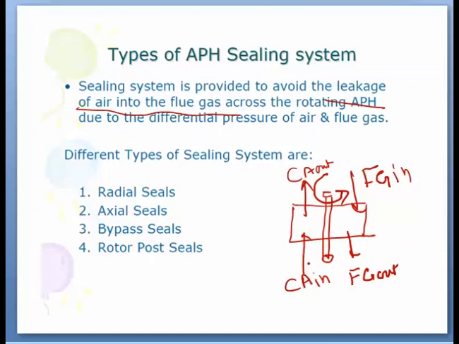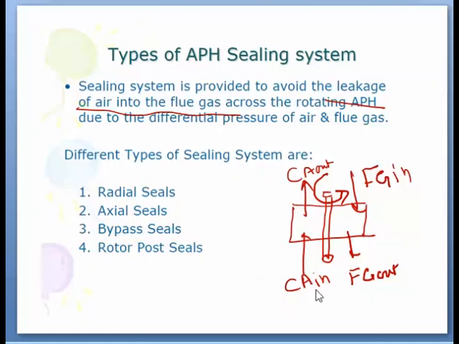From this figure you can see this portion contains the fresh cold air which is passing, and after passing through it, gets heated, and the flue gas enters from this side, goes out, and this rotates. So there will always be a differential pressure existing in the system, due to which there may be a chance of short circuiting of the fresh or cold air into the flue gas.